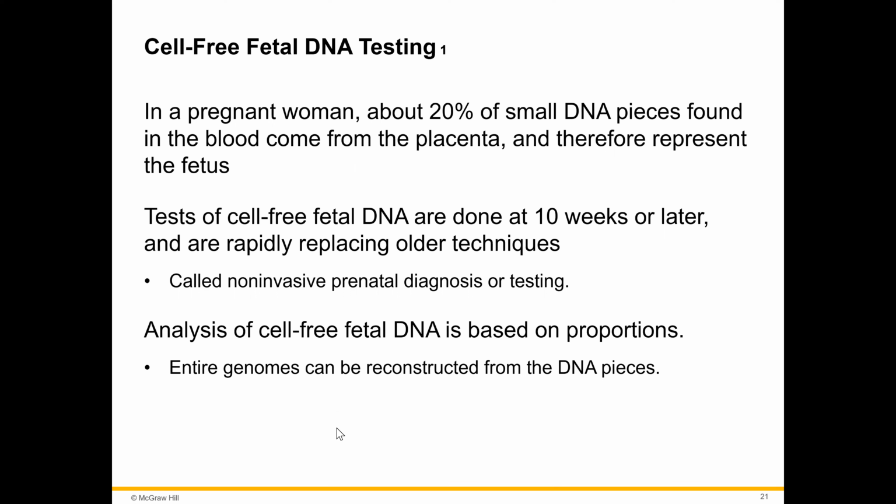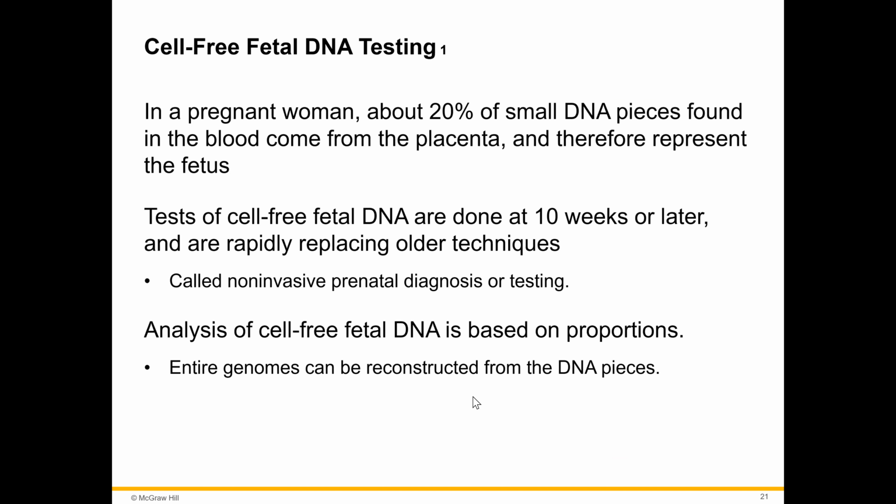Tests of cell-free fetal DNA are done at 10 weeks or later and are rapidly replacing older techniques called non-invasive prenatal diagnosis or testing. Analysis of cell-free fetal DNA is based on proportions, and the entire baby genome can be reconstructed from the DNA pieces.